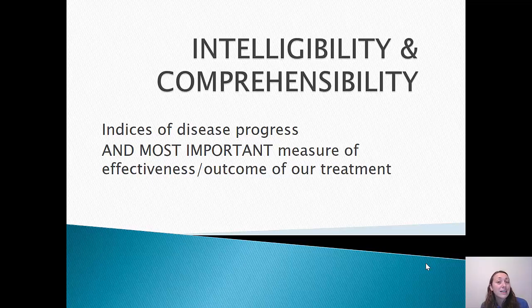Like, who really cares if that doesn't change anything with regards to that patient's ability to communicate with loved ones, friends, co-workers, and improve the communication between the patient and the communication partner.